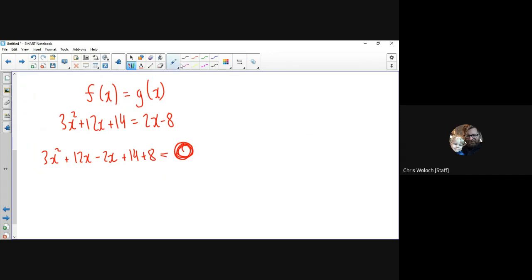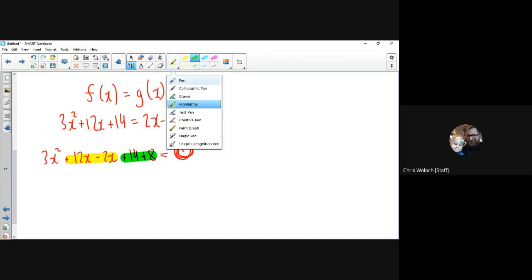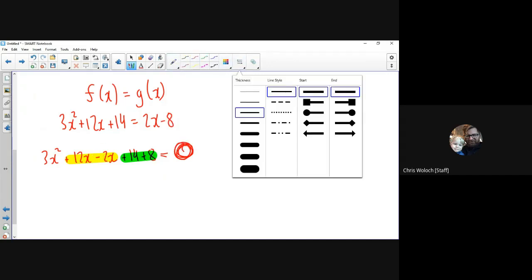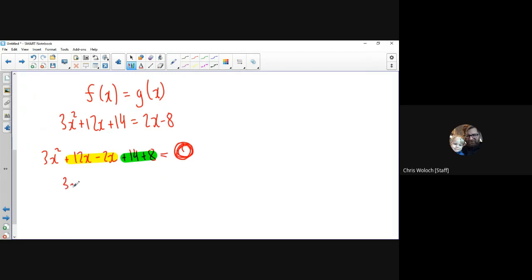And then just like before, these I can add together, and these I can add together. Well, sorry, this one's subtract, actually. So I'm going to have 3x squared, 12 x's take away 2 x's is going to be 10 x's. And then 14 plus 8 is going to be 22.